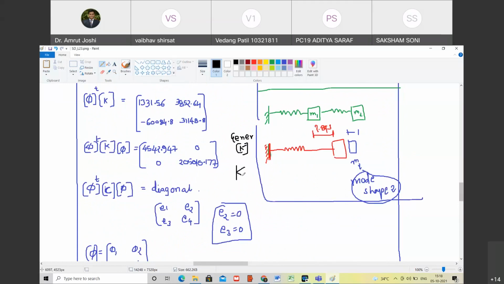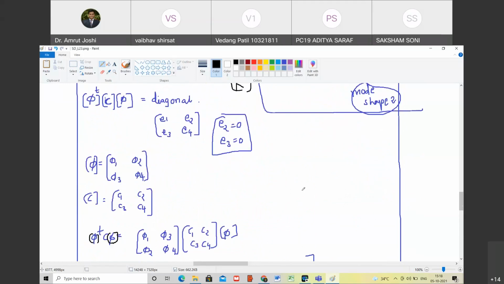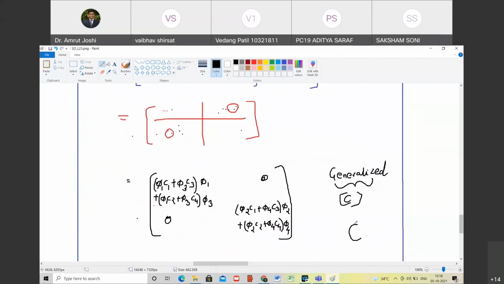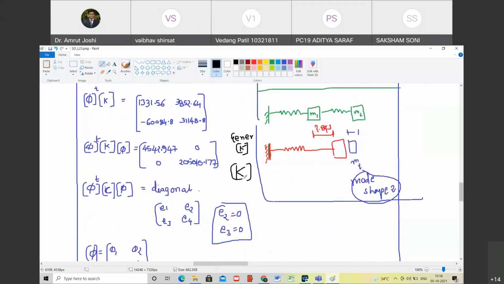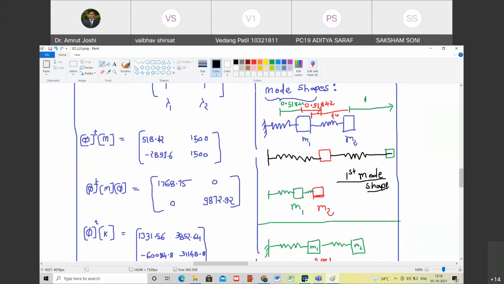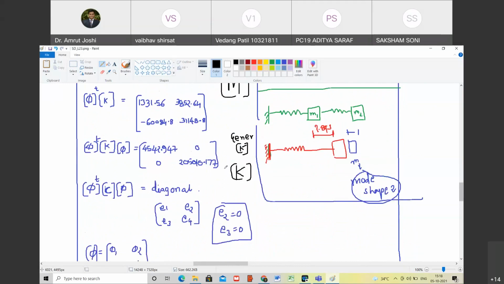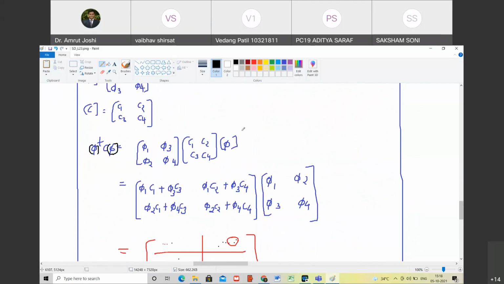Yes. So we denote this by capital K. We denote this by capital C. Generalized C matrix denoted by capital C, generalized K matrix denoted by capital K, and generalized M matrix denoted by capital M. Are you with me?